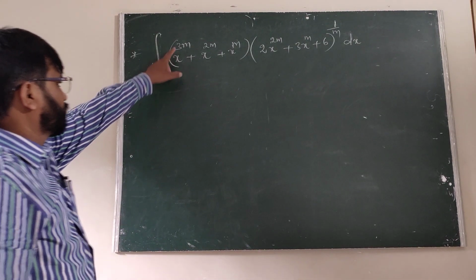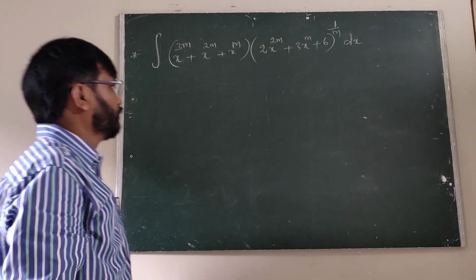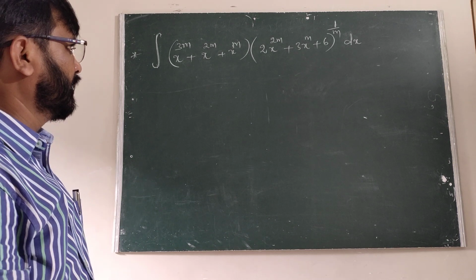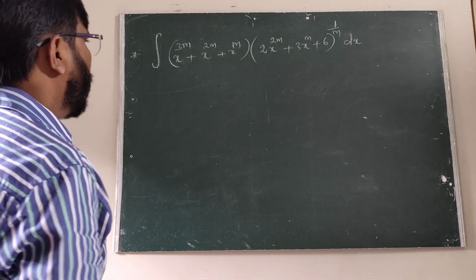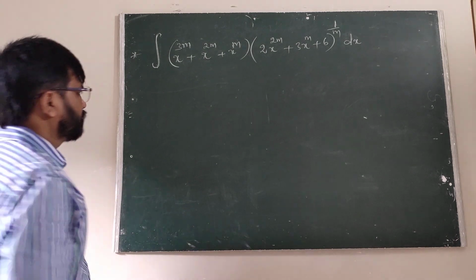The integral of (x^3m + x^2m + x^m) into (2x^2m + 3x^m + 6)^(1/m) dx. Here we are taking x by x.